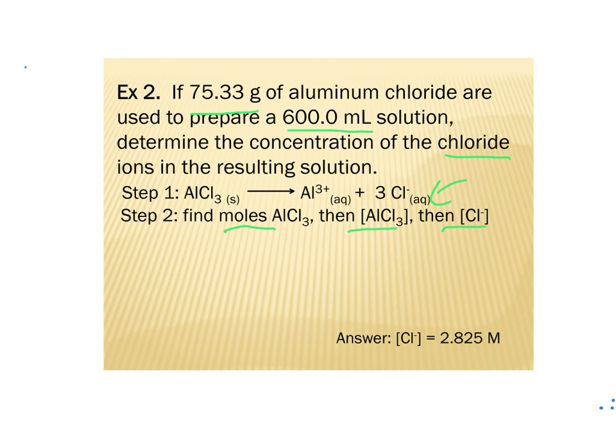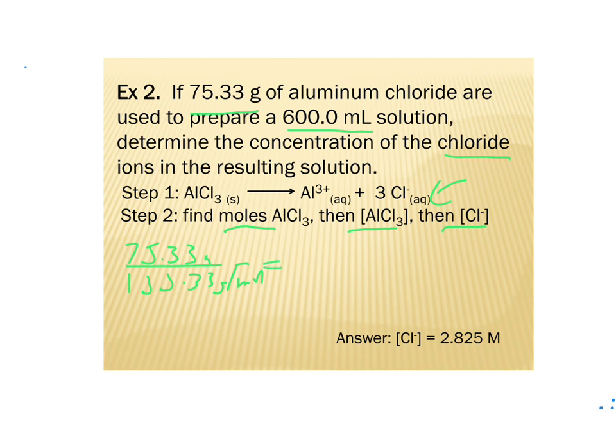So to find moles of aluminum chloride, we take the mass of aluminum chloride that we have, 75.33 grams, divided by the molar mass of aluminum chloride, which I've determined before to be 133.33 grams per mole.